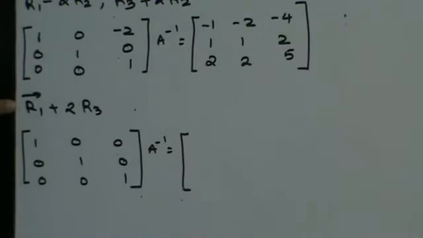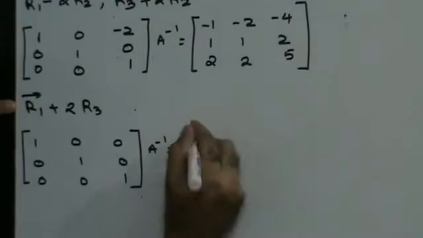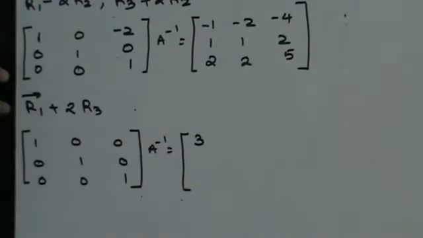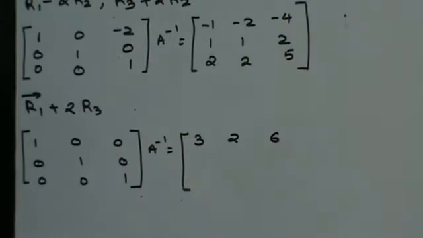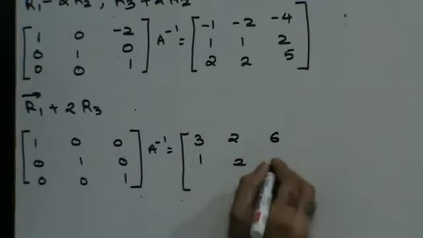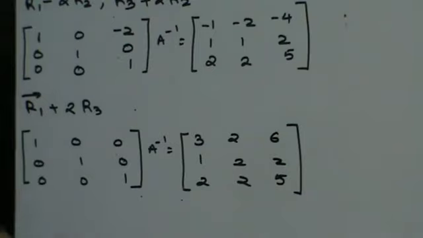Minus 1 plus 4, 3. Then minus 2 plus 4 is plus 2. Minus 4 plus 10 will be 6. Right? 1, 2, 2, 2, 2, 5. But what is this?